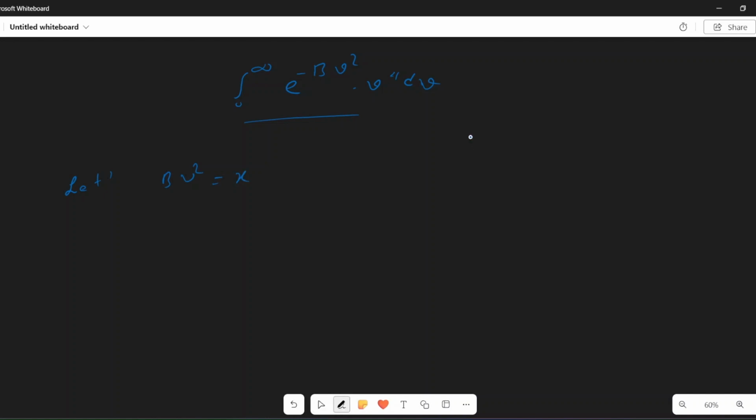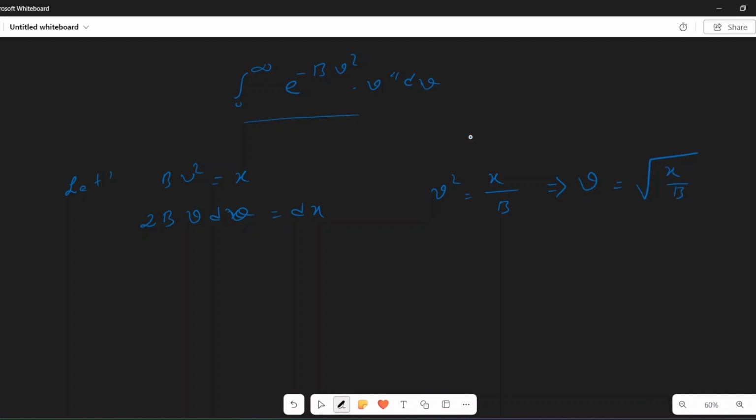That means 2 b v dv is equal to dx. v square is equal to x by b, that means v is equal to root over x by b.